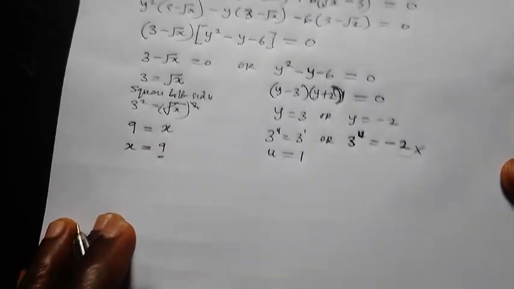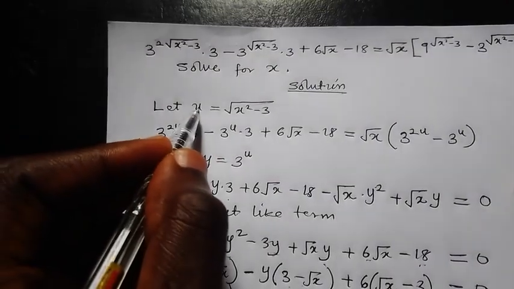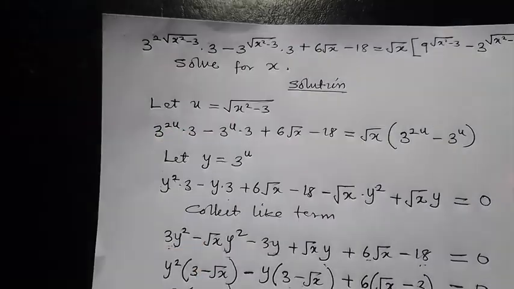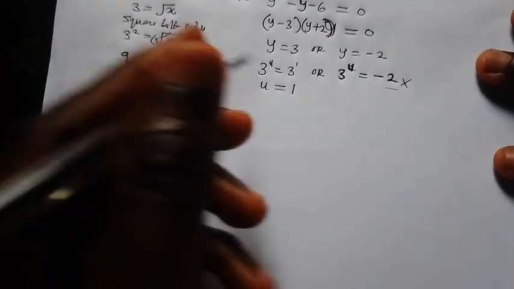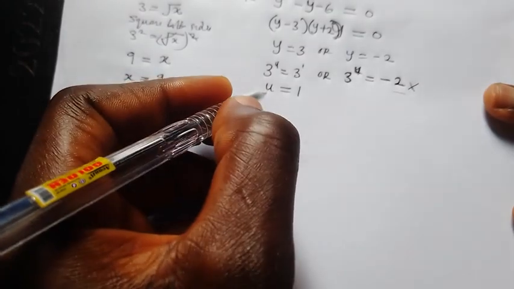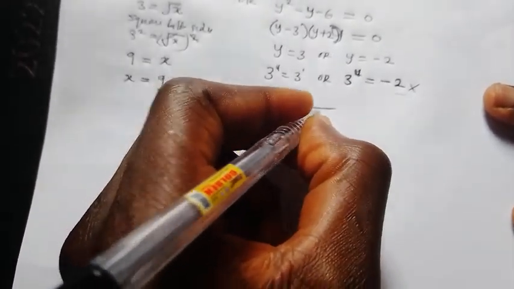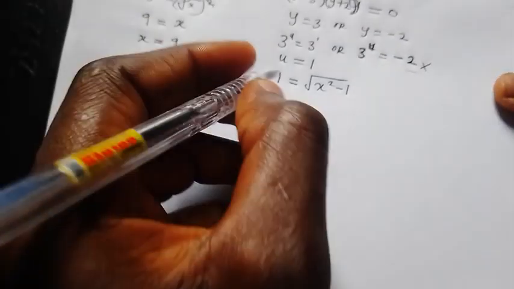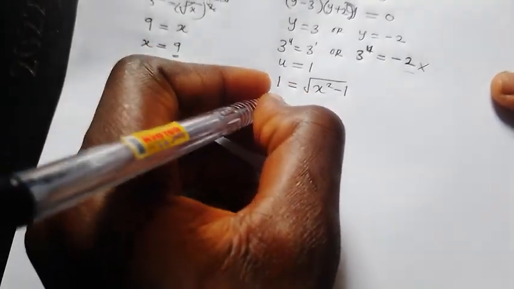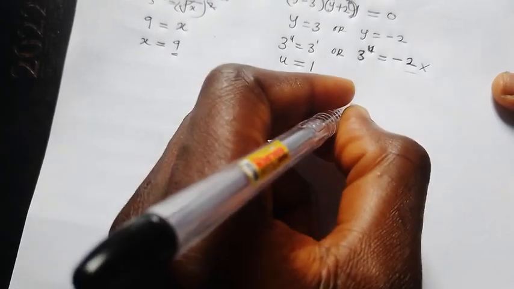Now recall our first assumption that we let u be equals to the root of x squared minus 3. So what does that tell us? From here now we have 1 to be equals to root x squared minus 3. We can also square both sides here. If we square both sides, that is 1 squared equals the root of x squared minus 3 all squared.